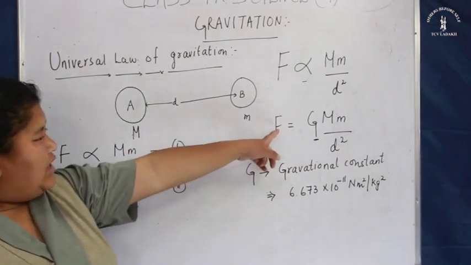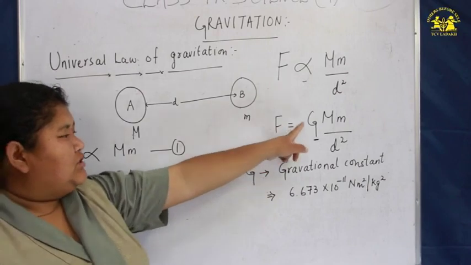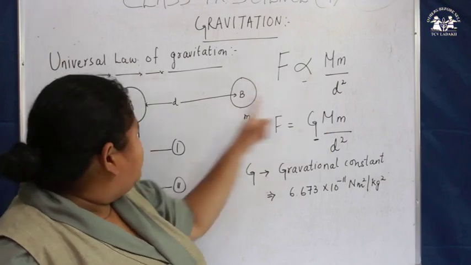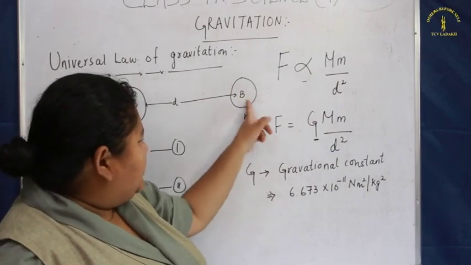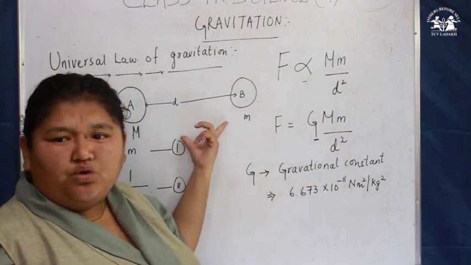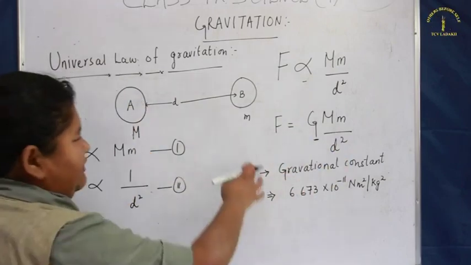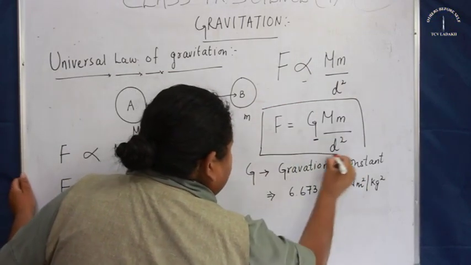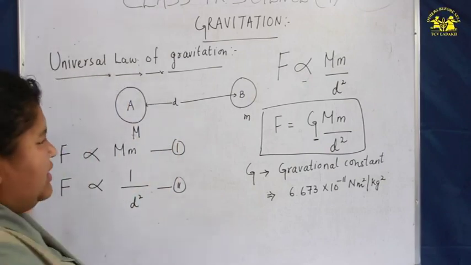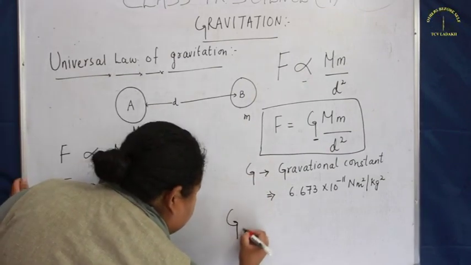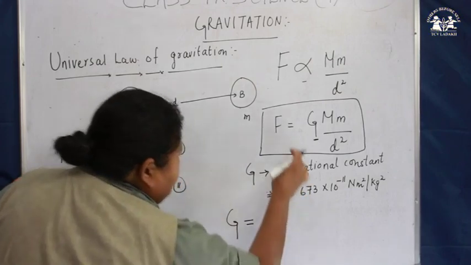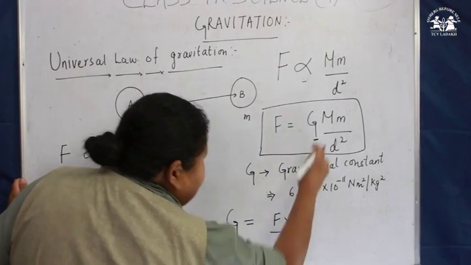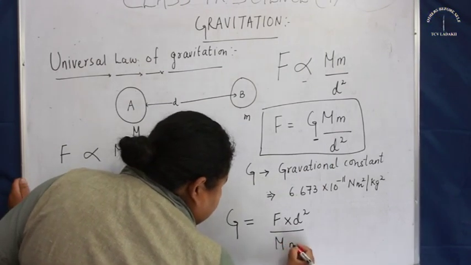Right? Okay, so now here, force is equal to the gravitational constant, G, times mass of object A into mass of object B divided by the square of the distance between these two objects. This is the mathematical expression of the universal law of gravitation. Now, rearranging this formula, we have G is equal to F into d square divided by capital M into small m.